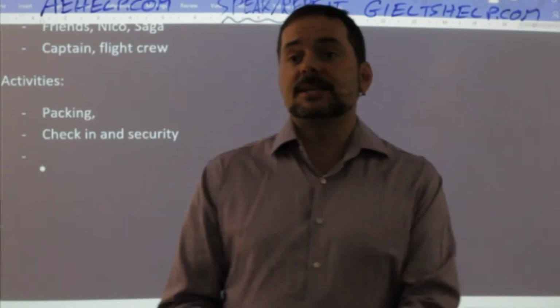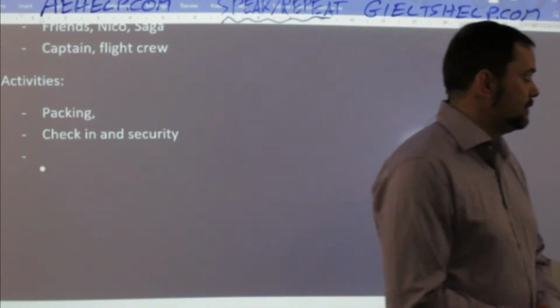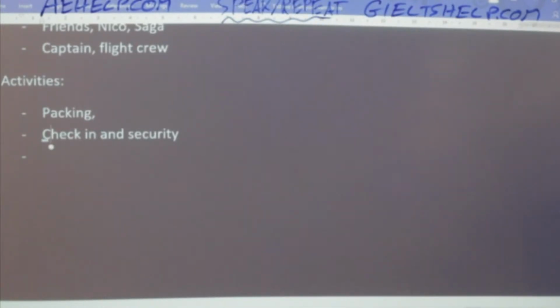Okay, Saga says seeing some views. Yeah. Okay, so that'll be a little bit later on. You want to be as linear as possible. So seeing the views out the plane window. Yeah. Absolutely.